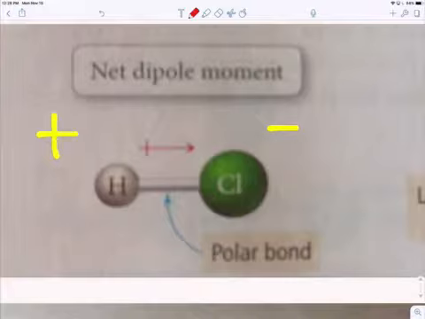If it's the same elements, they have equal electronegativities. If there are different elements, there are different electronegativities. You don't have to have the chart. If they're a different element, they have different electronegativities, which means electrons are going to flow in one way or the other. In this case, the electron density flows towards chlorine.